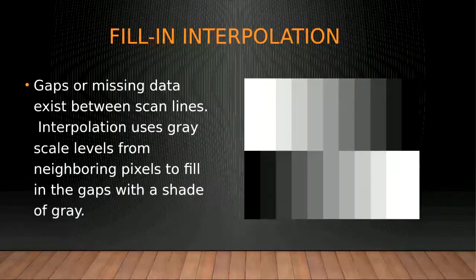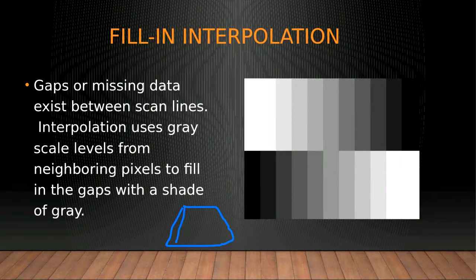Fill-in interpolation is something that happens automatically. This isn't like a tool that you are going to adjust or use. The others, you have a button for that. What this does automatically is it takes gaps of missing data. When the machine sends in multiple scan lines, there's always a little section that might be missed.